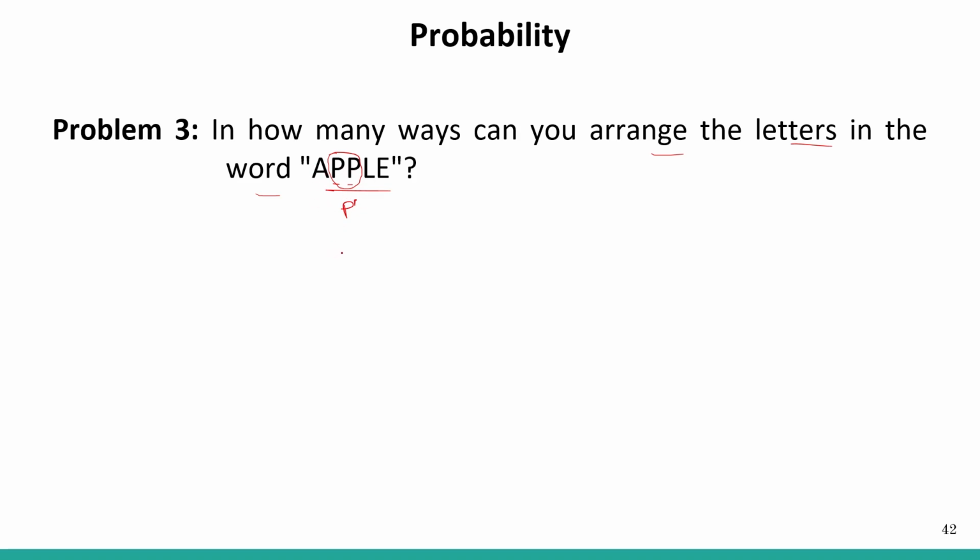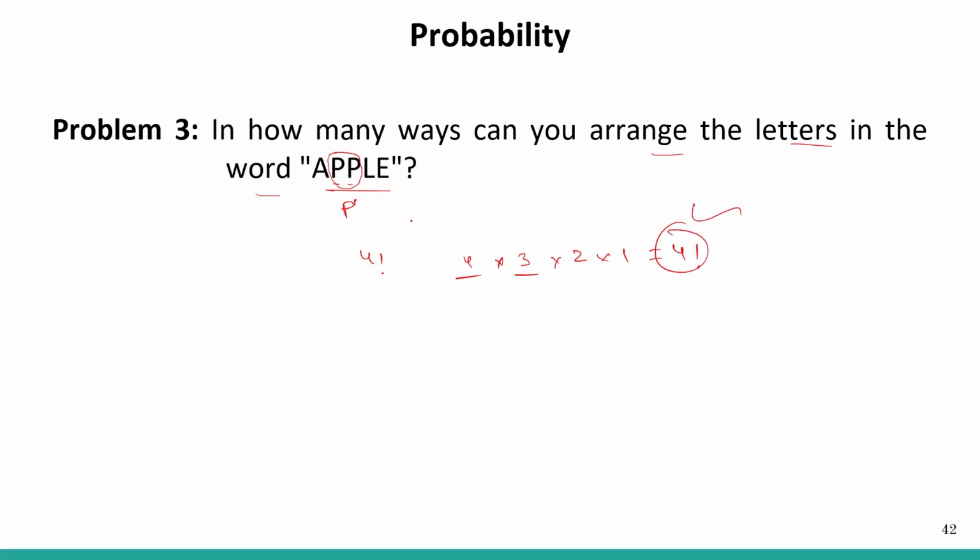Okay, this is what we assume right here. So how many ways can you actually permute 4 letters? 4 factorial way, because for the first place there are 4 positions. For the second place there are 3 contenders, and for the third place there are 2 contenders, and for the fourth place there is only 1 contender. So it will be equal to 4 factorial way, right? So in this case also it will be 4 factorial way.